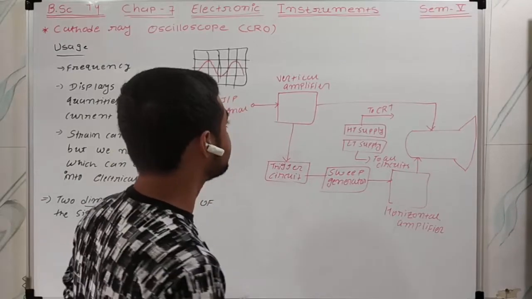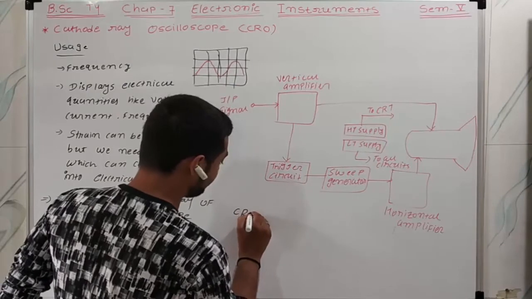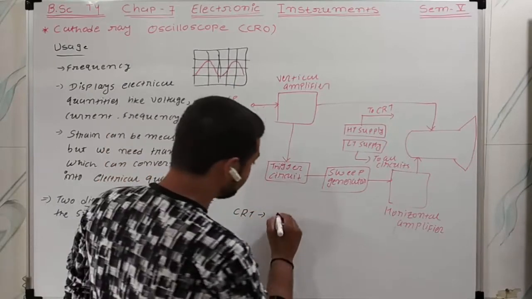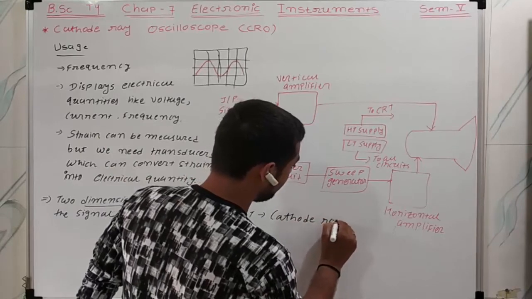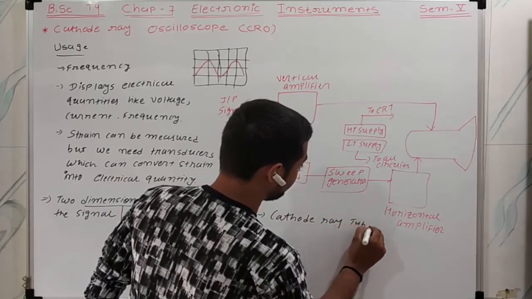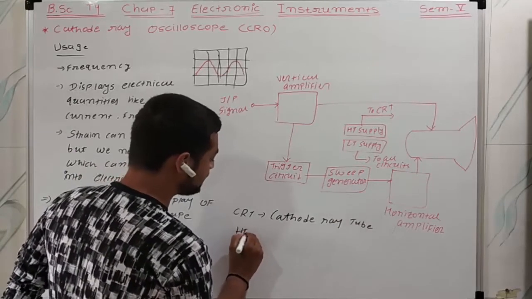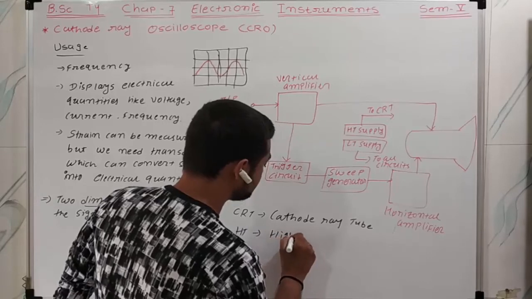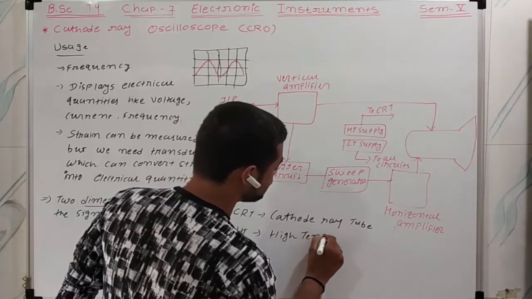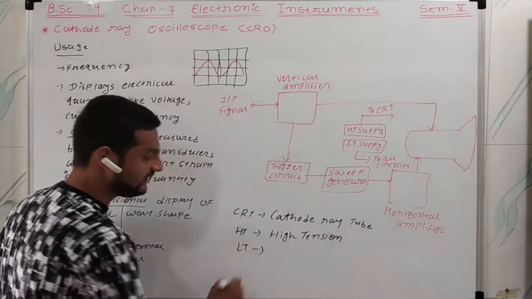Okay. First, what is CRT? I am writing the full form of CRT over here. CRT is cathode ray tube. What is HT? HT equals high tension. What is LT?